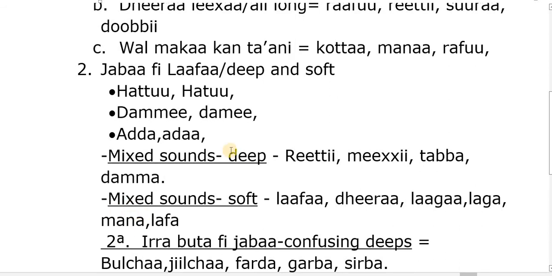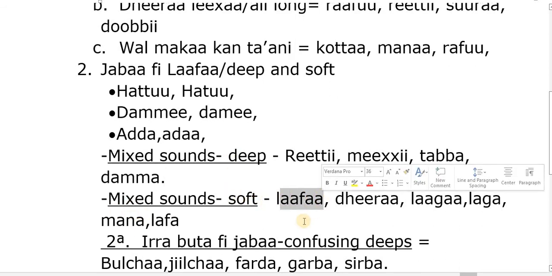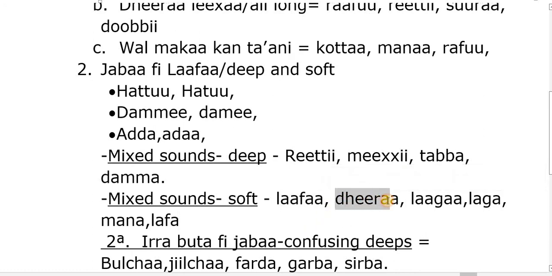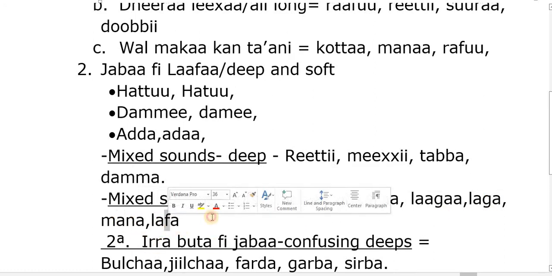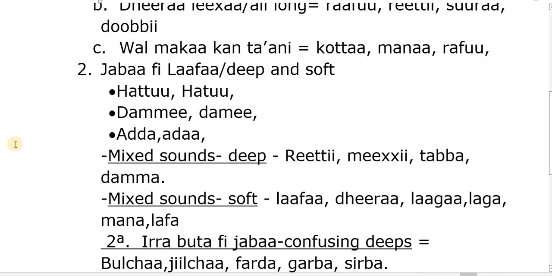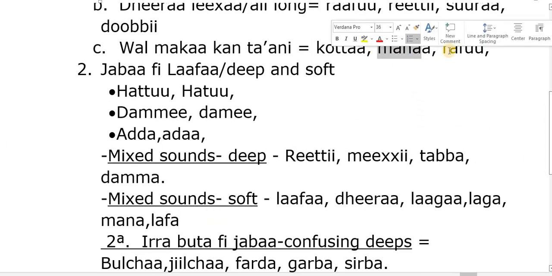The other mixes are for the softest, as you can see, both soft and long. But also we have soft short, and we can have a mix of short and long, as we have seen here.